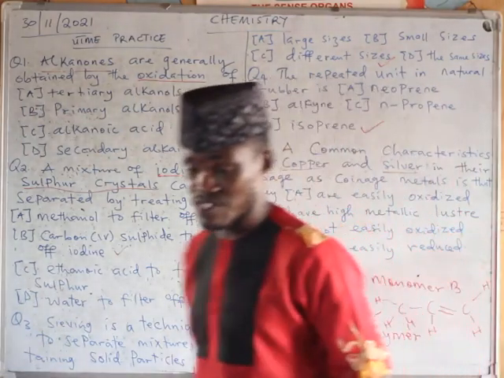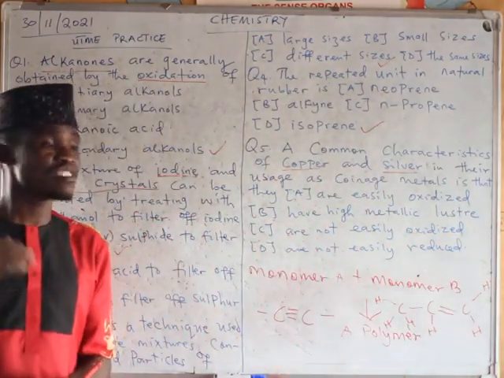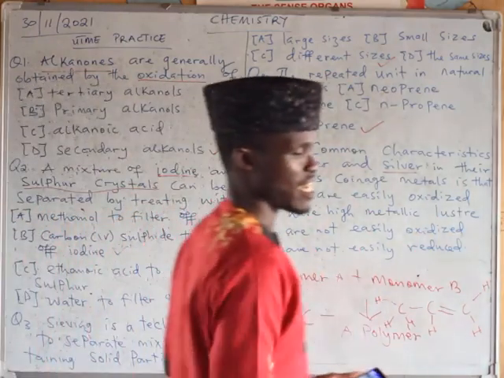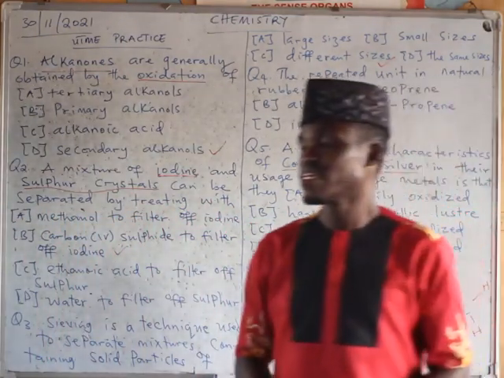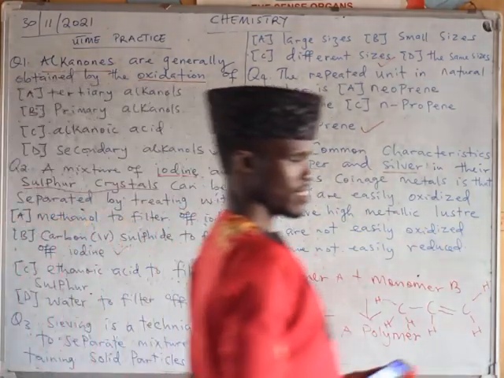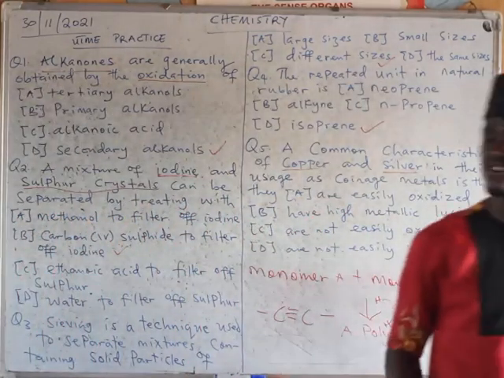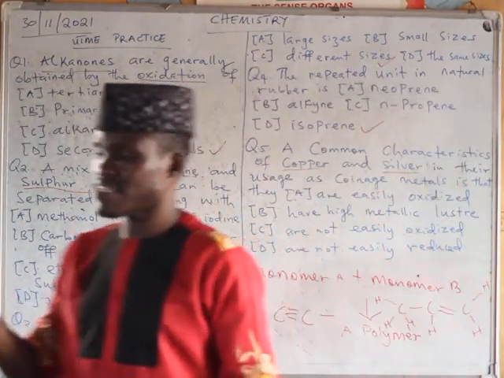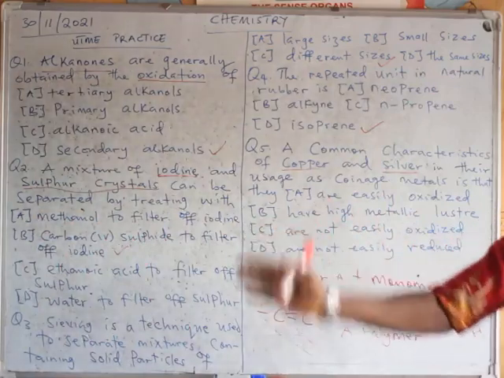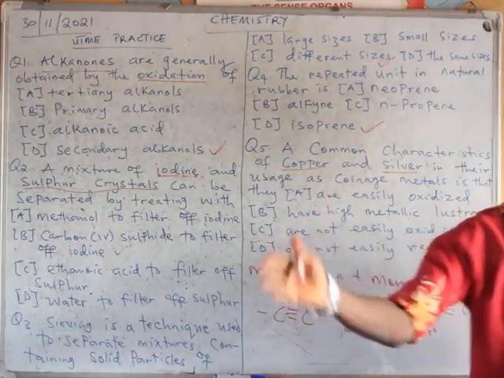You know what metallic luster is? One of the most important properties of metals is metallic luster, meaning they shine when polished. They reflect light. They shine due to their surface being polished.